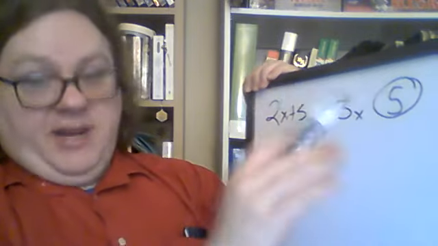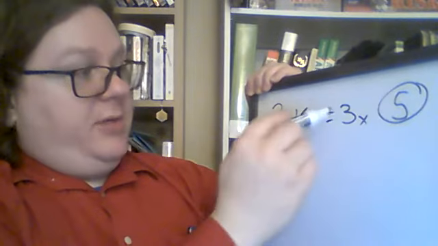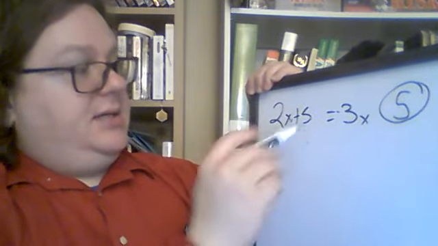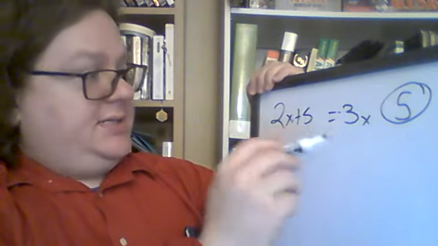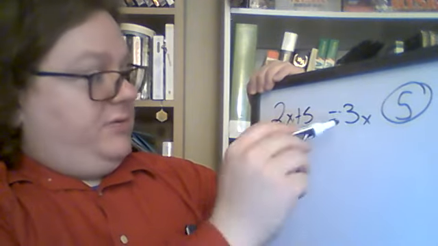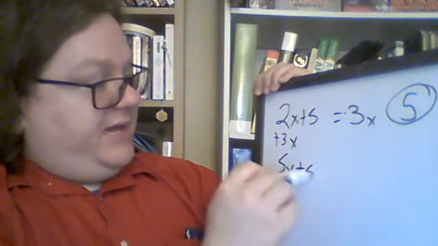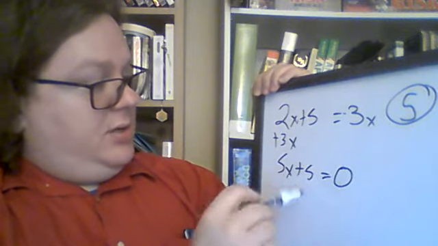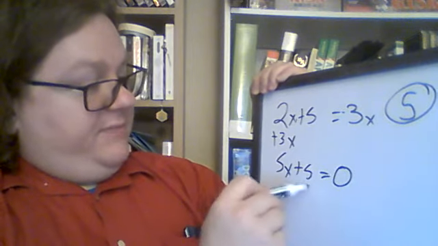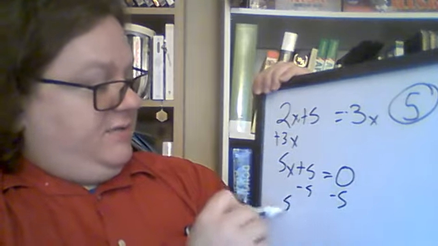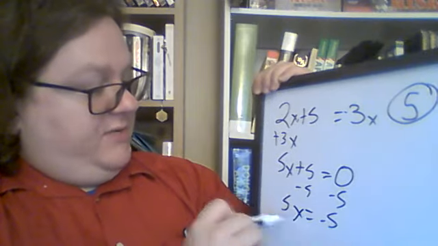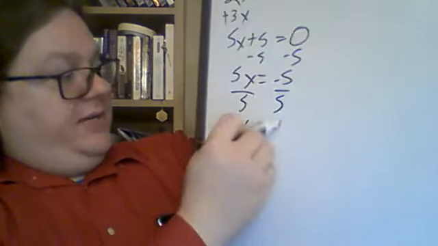Okay, that's fine. We're going to leave that there. Now I'm going to do negative 3x. I'm going to add that 3 over, plus 3x, make it 5x plus 5 equals 0. I have to subtract this 5, minus 5, minus 5. 5x equals negative 5. Divide by 5, and x equals negative 1.